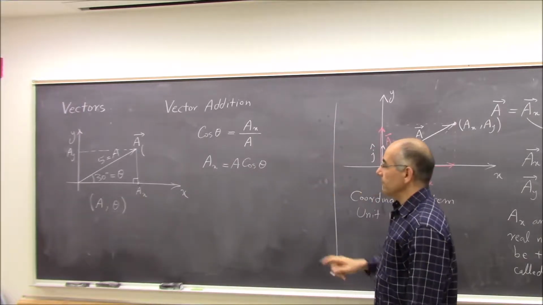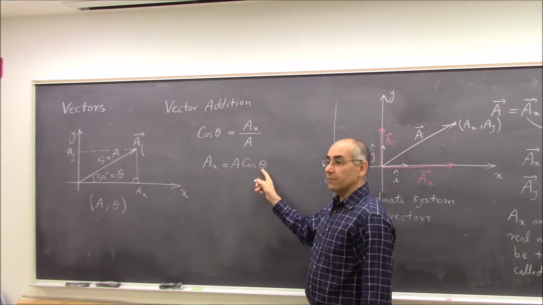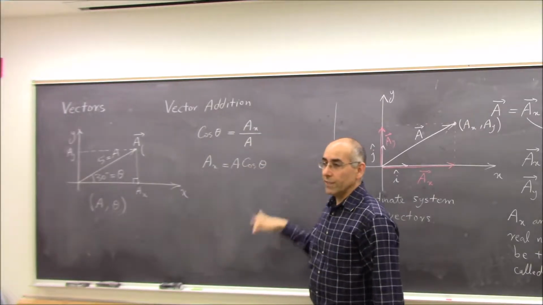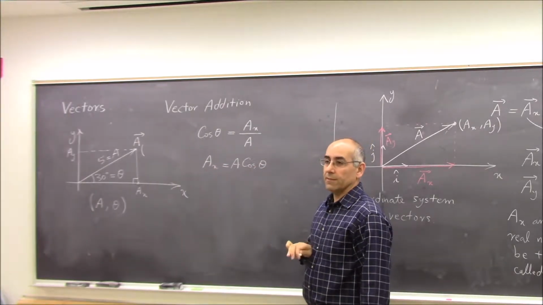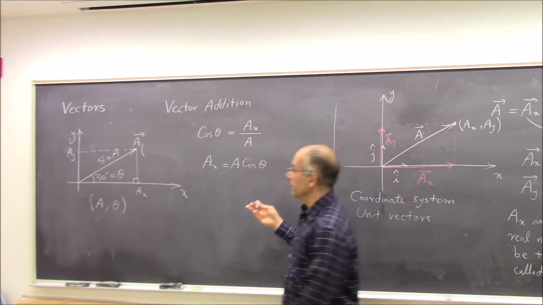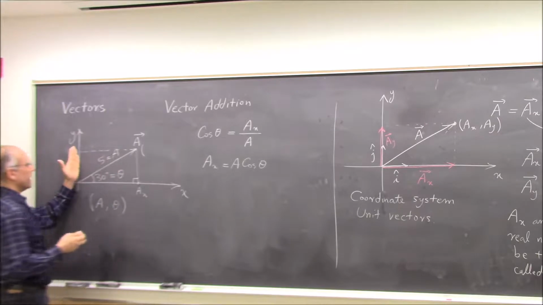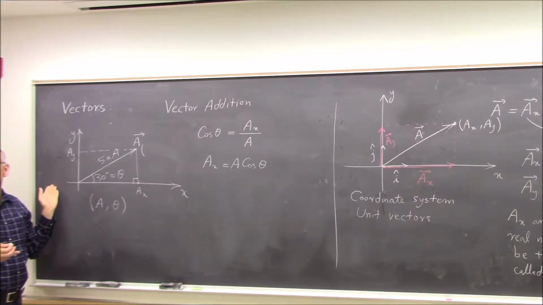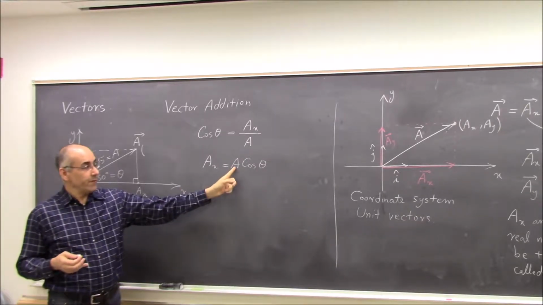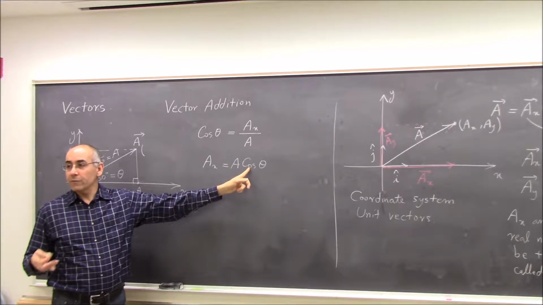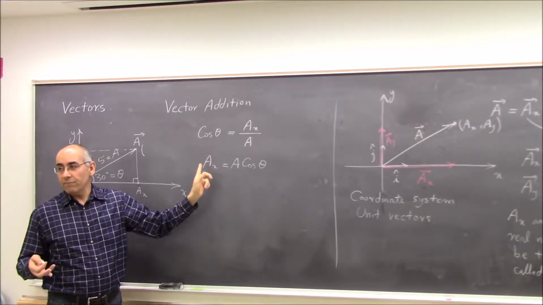And as long as theta is from the positive x direction counterclockwise, no matter what value of theta, it always gives you the right answer for the component. It means that if theta is more than 90 degrees, cosine theta is negative, and it gives you AX as negative. Remember that the magnitude of A is always positive, so if you multiply it by cosine theta, which is negative, it gives you a negative value.